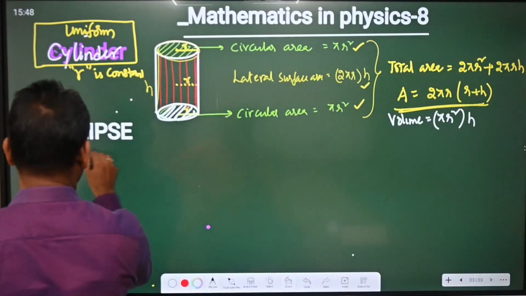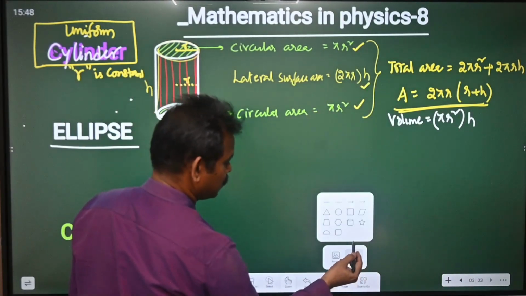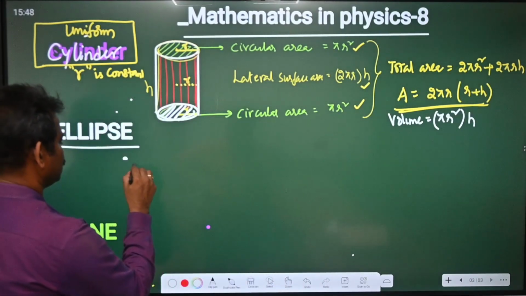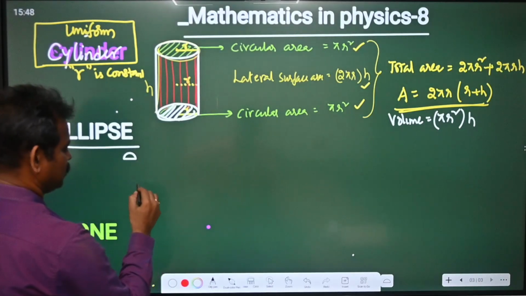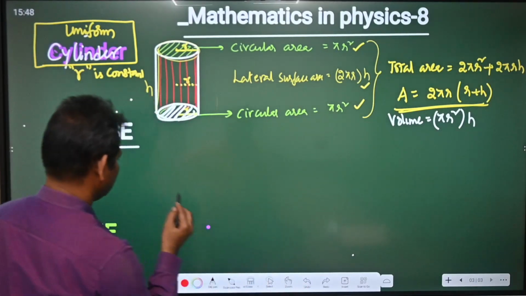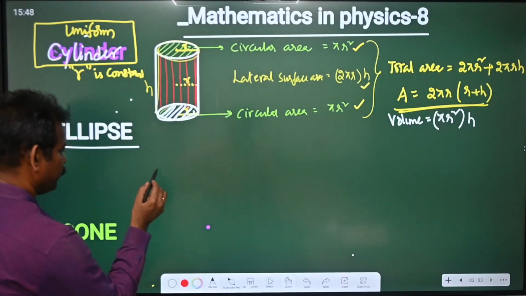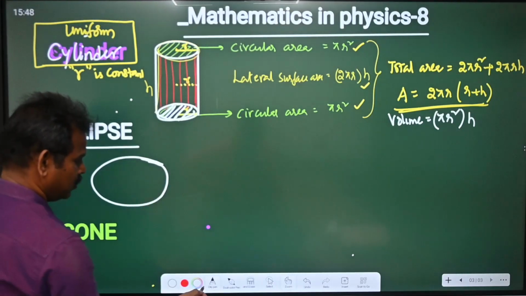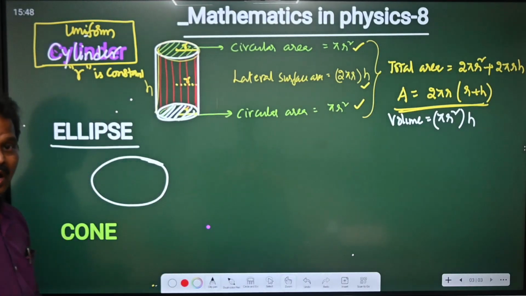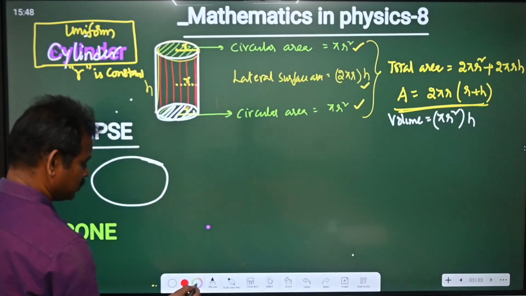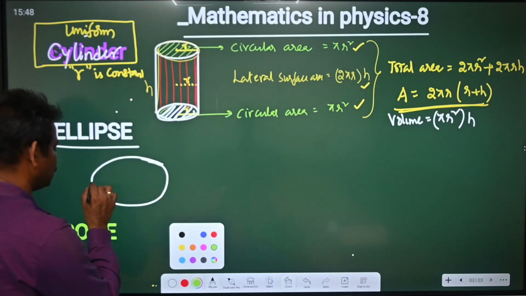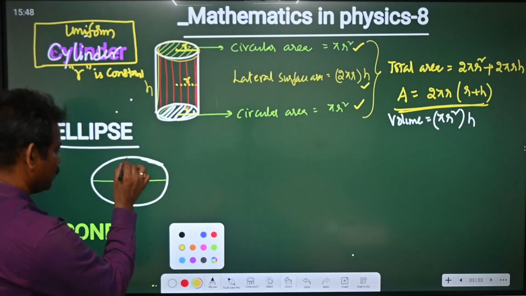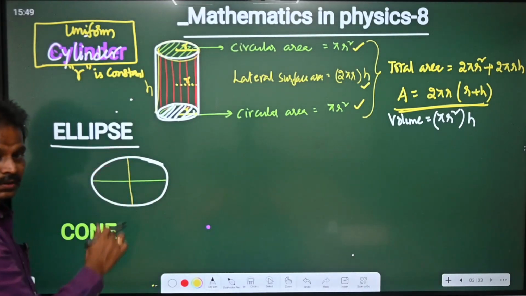The next one, ellipse. An ellipse can be drawn like this. So this is an ellipse. For an ellipse, students, we have two different axes, the semi-major axis and the semi-minor axis. If you draw a line here and one more line here, one is along the x-axis, one is along the y-axis.